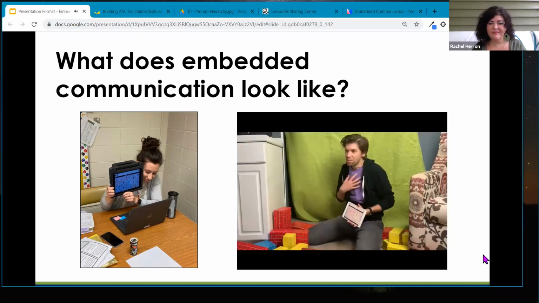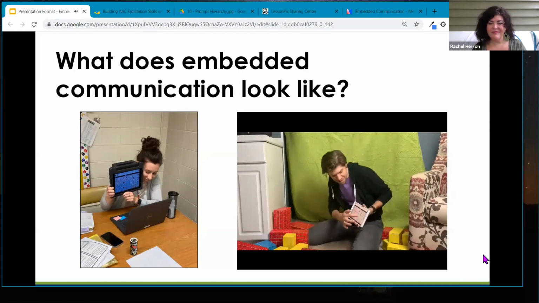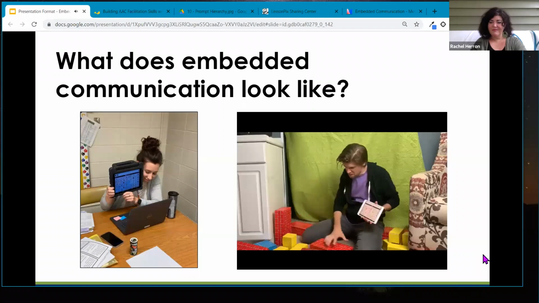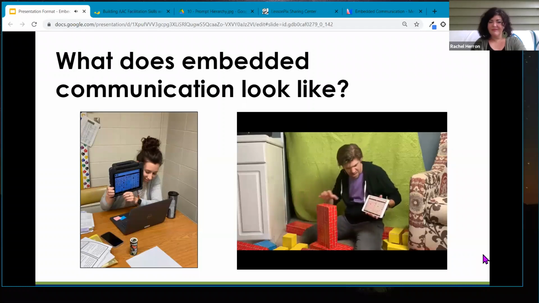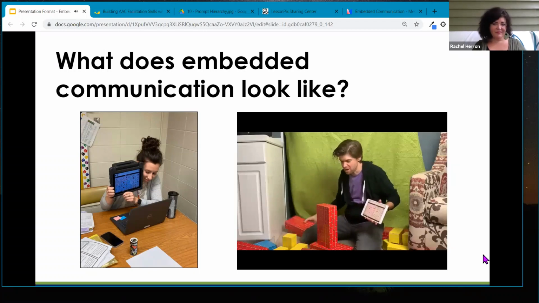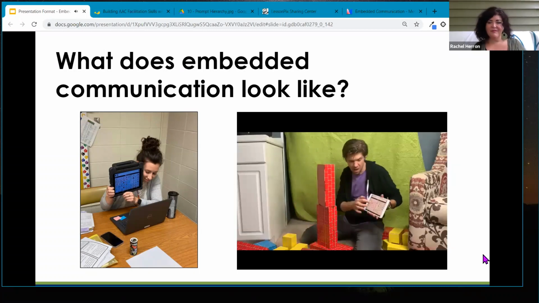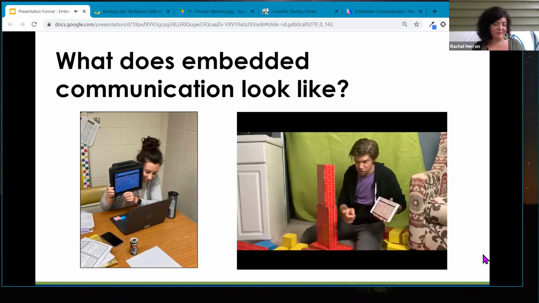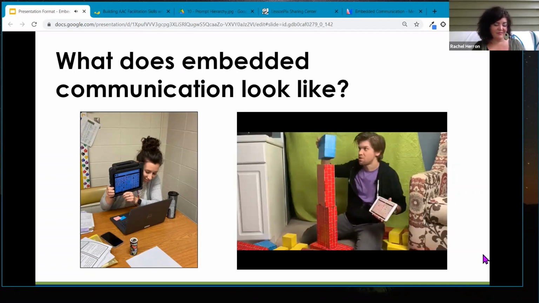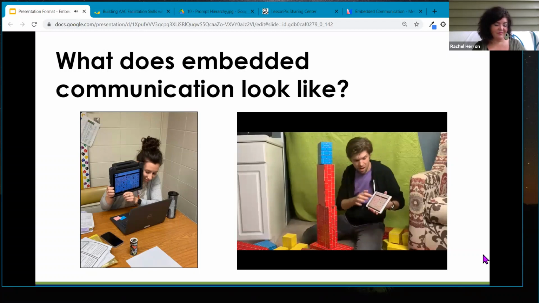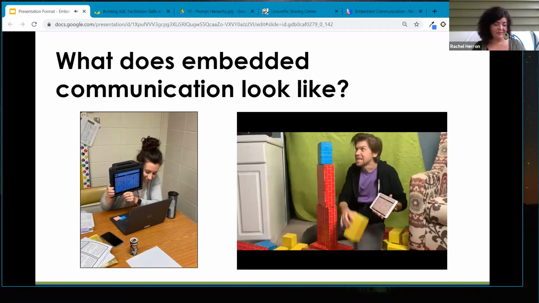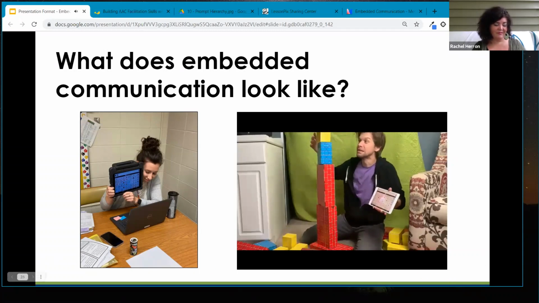Hey friend, do you want to build with me? Let's make a tower that goes way up, okay? I'm going to put this one on, and then this one. We're going to make it go up so high. Up. Up. Do you want to make one go up? Up. Here you go. I'll put it on there for you. Up. Up. Now this yellow one.